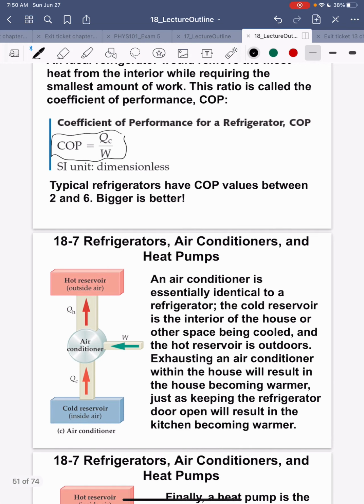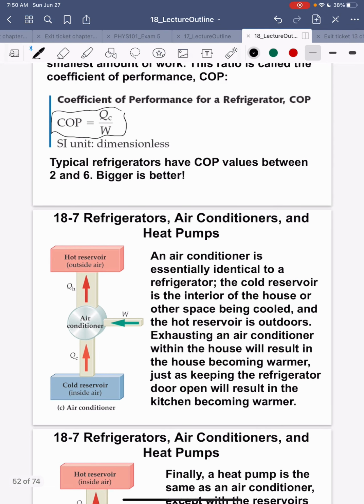Okay, here we are representing an air conditioning system, and it is very similar to the refrigerator. Here the cold reservoir is the interior of the house or other space which we intend to cool, and the hot reservoir is the outside environment, and we are exhausting heat there.